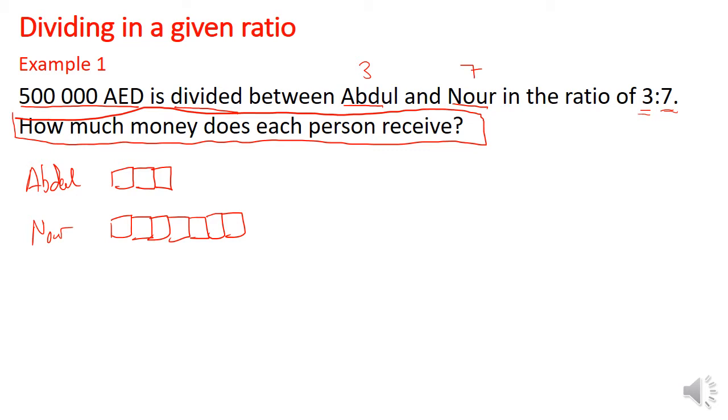So there's a total, all of that will come to 500,000 dirhams. And so we know that if we join those together, the 3 parts for Abdul and the 7 parts for Noor, we get a total of 10 parts.